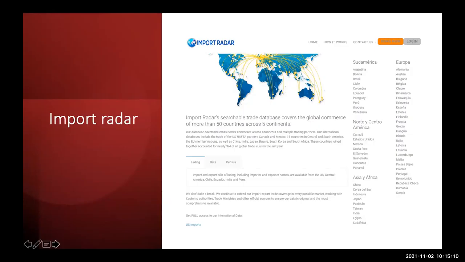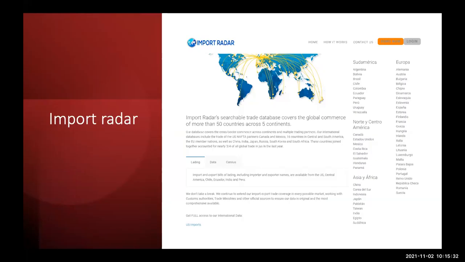So it is also very interesting as a tool to understand competitors' value chain. They also have information on several countries, as you can see from the list here. So again, one important source of information that you can use.